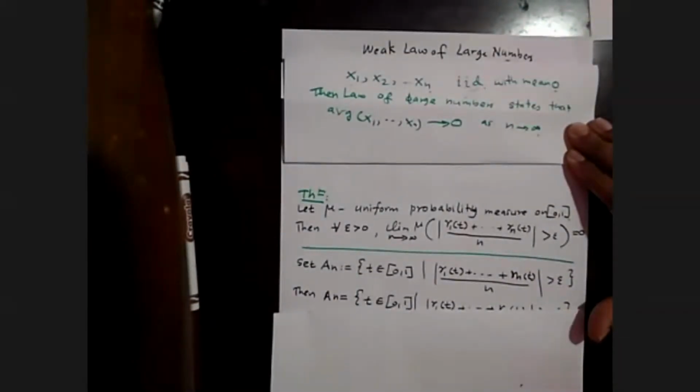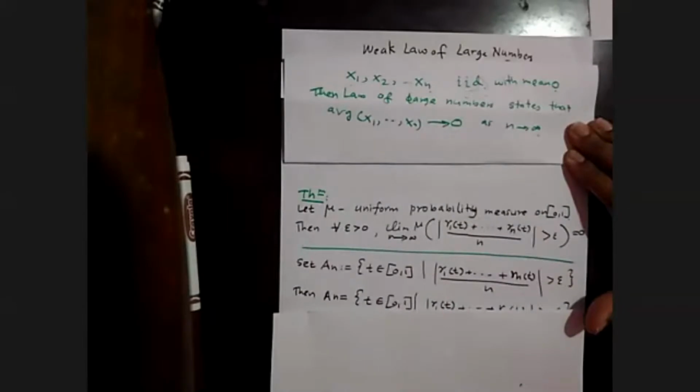And in our setting, we will replace the random variables by the Rademacher functions. We can do that because for random variables we have independence as a criterion. It is the same for the Rademacher functions also, because we know that the integral of the product of the Rademacher functions is equal to 0.